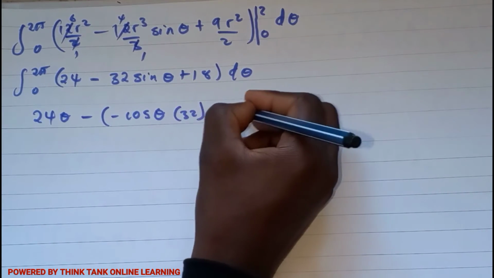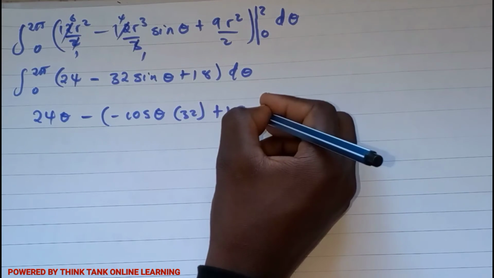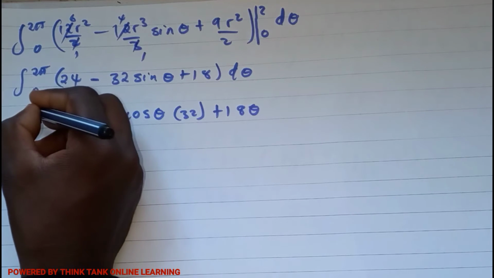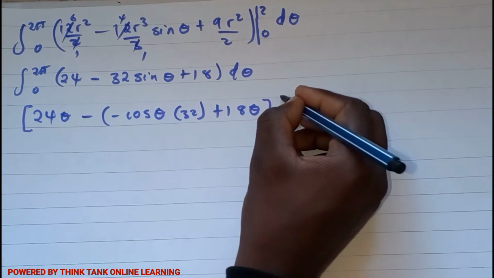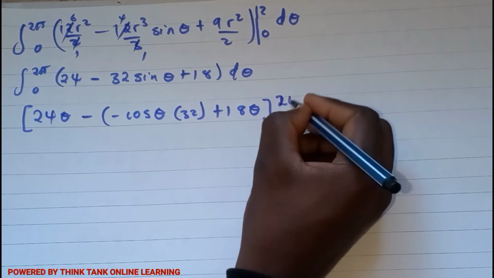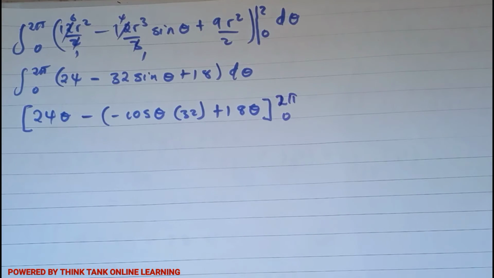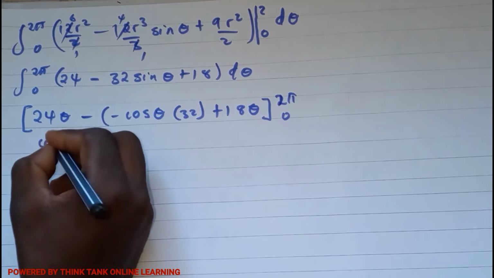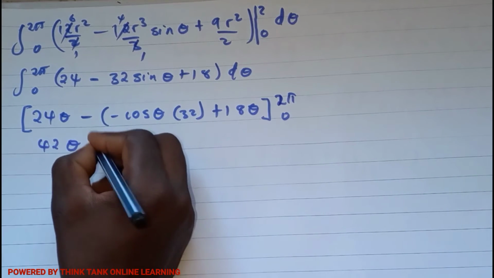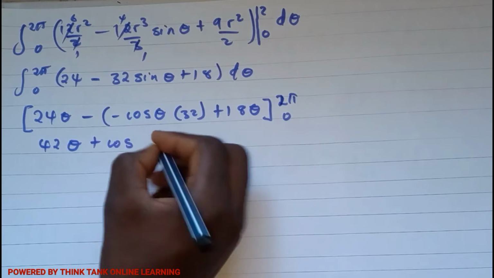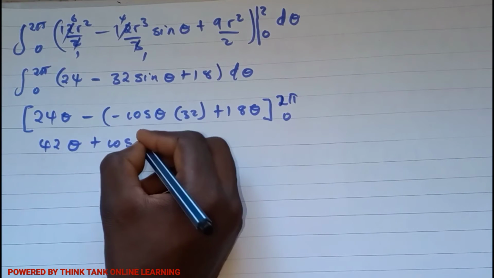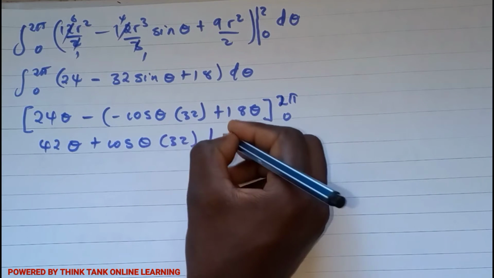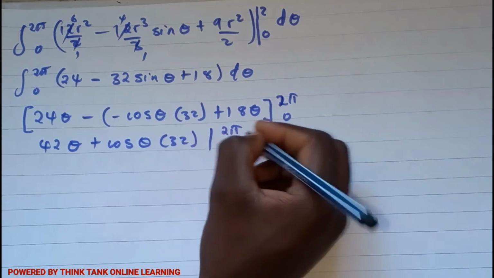So 24 plus 18 is equal to 42 theta, plus 32 cos theta, with limits from 0 to 2 pi.